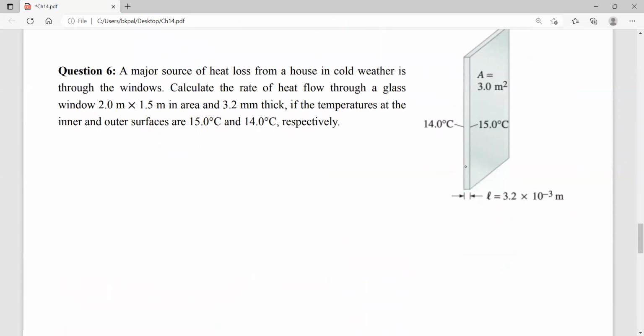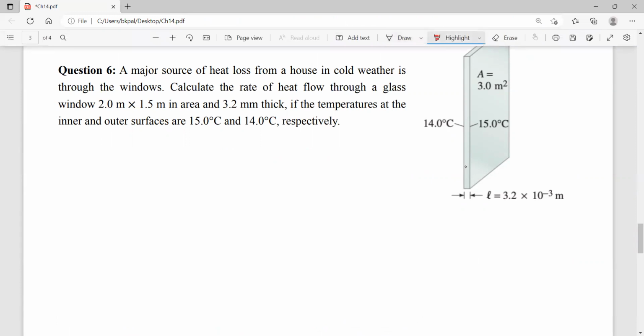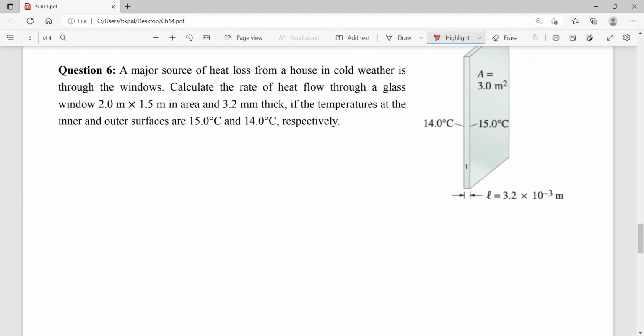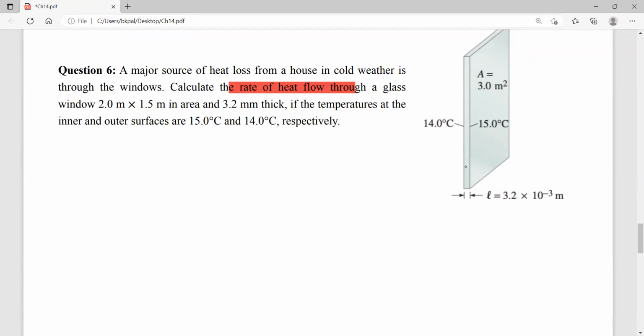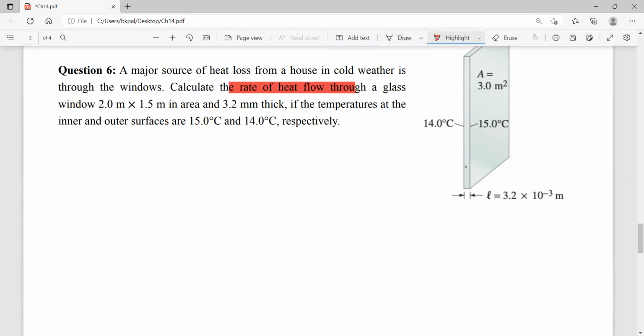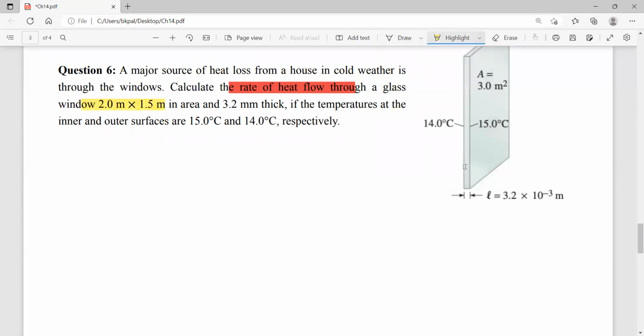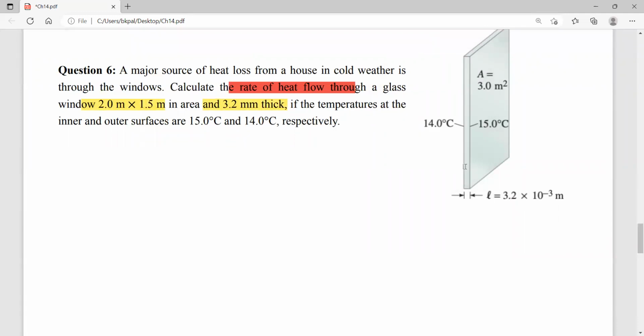All right, so this is a conduction, the rate of heat transfer by conduction method. What we are given: we have to calculate the rate of heat flow. Okay, rate of heat flow, that means Q over T we have to calculate, and we are given the area, cross-sectional area, thickness, and the temperature between the two ends.